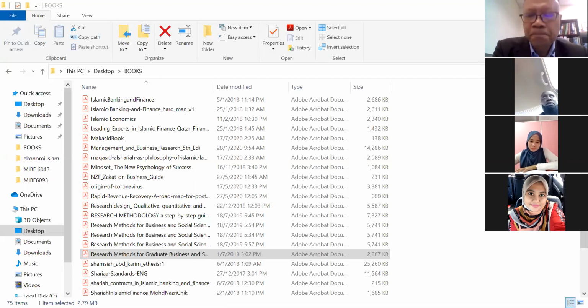If these factors are not met, then there will be a problem of not paying Zakat. So Zakat becomes a dependent variable, if I'm not wrong, and then those factors become independent variables. Correct. You're right.